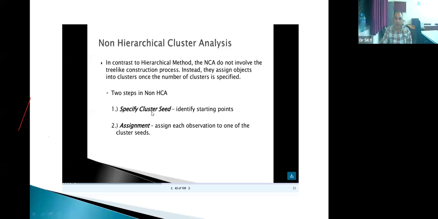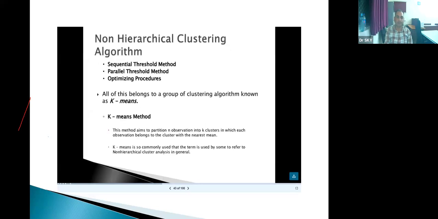Assign each observation to one of the cluster seeds. Say you have decided to assign the unit to cluster 1, so see which one is closer to that cluster. You start from the seed, see the distance, and assign the observation to that cluster. So we have to define the cluster seeds for the clusters under consideration.